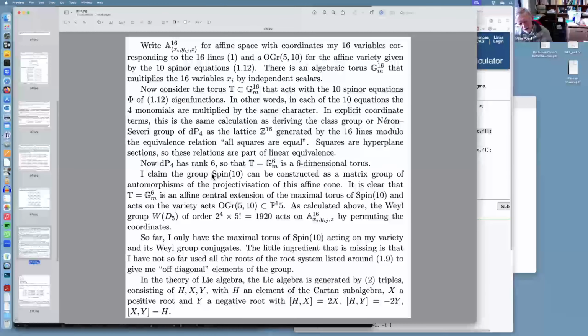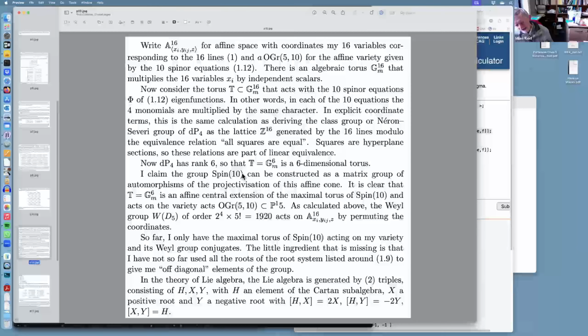Right, now, my aim here is, I've got the orthogonal Grassmannian in P15, mistyped, yes? I want to say that I expect this variety to have a lot of symmetry, and that should be Spin 10.